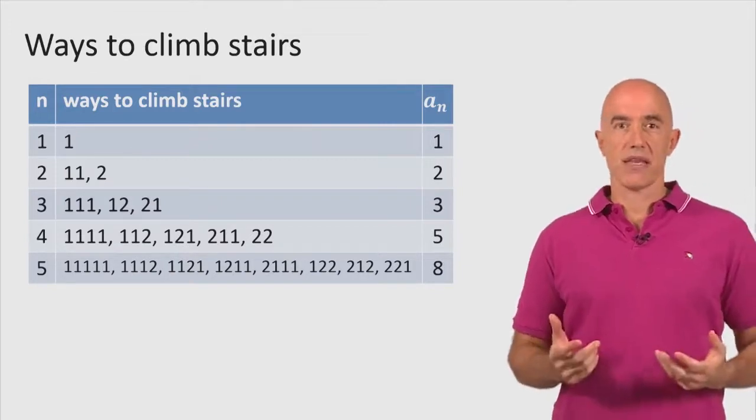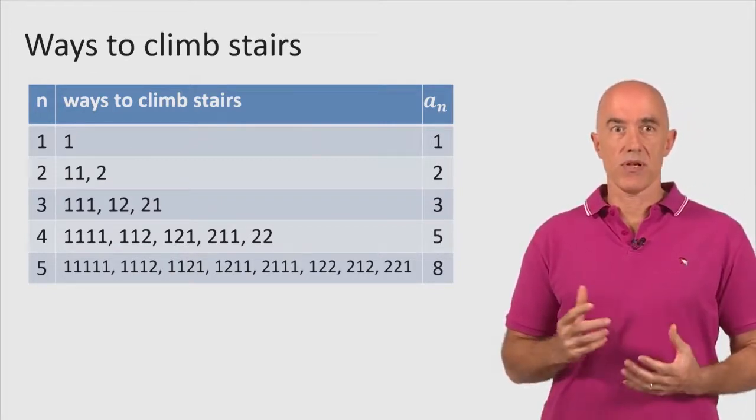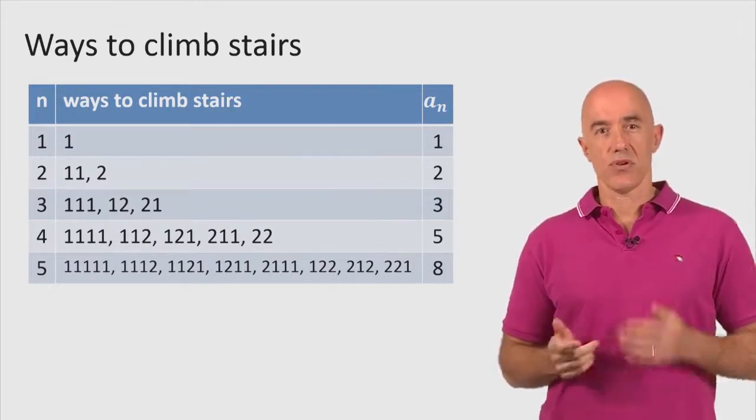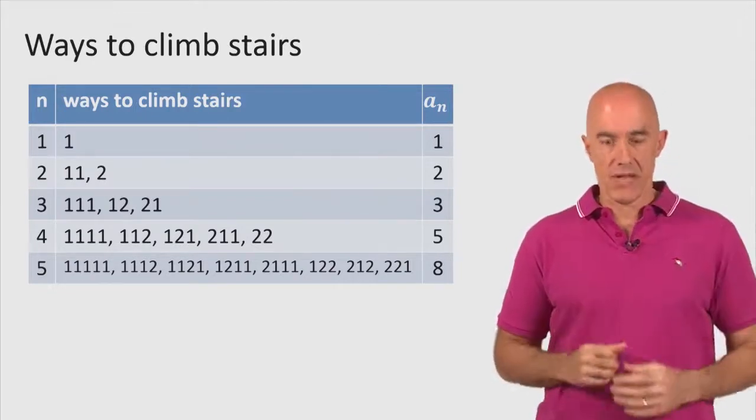So why are we getting the Fibonacci sequence? Can we do some sort of mathematical argument to show that we should have the Fibonacci sequence? So let me try and do that. Let's think about how to climb the staircase. We can actually break climbing the staircase into 2 different ways.